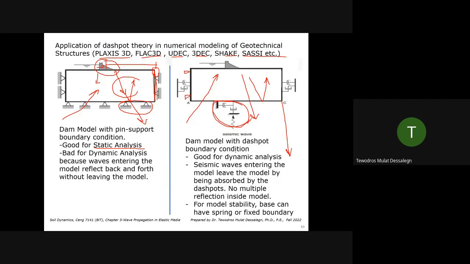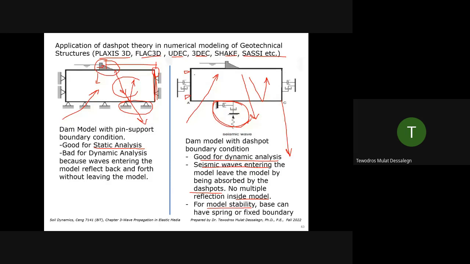So a model with dashpot boundary condition is good for dynamic analysis. Seismic waves entering the model leave the model by being absorbed by the dashpot and will not have any multiple reflection inside the model. For model stability, the base can have a spring or fixed boundary.